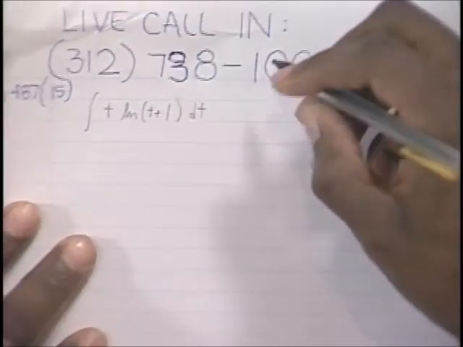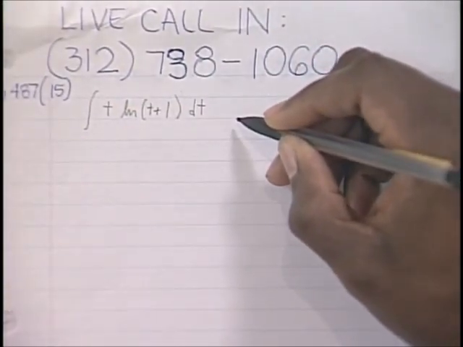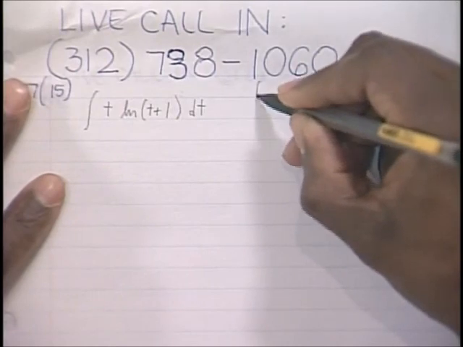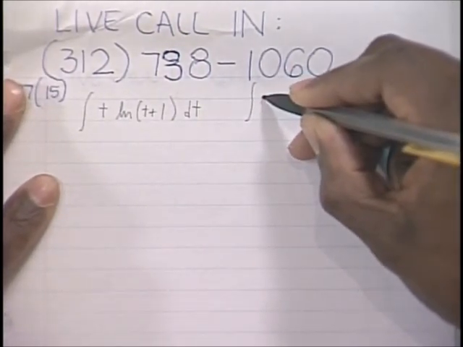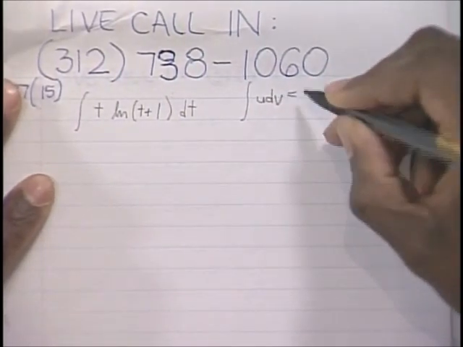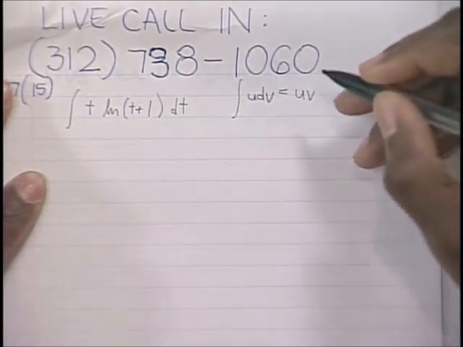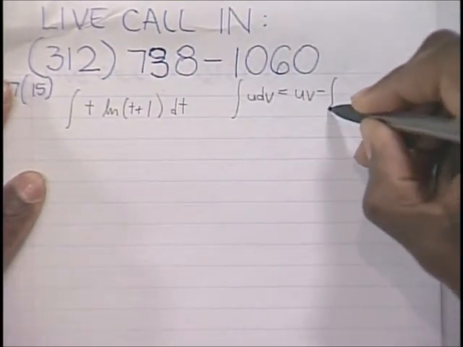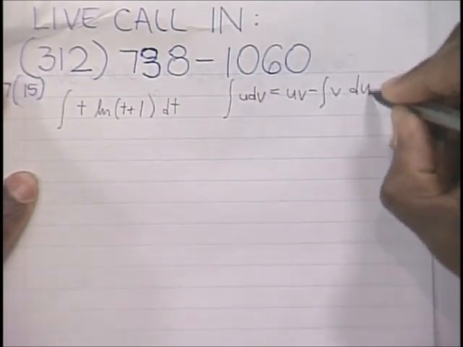Let's take a look. So again, what we told you is you're trying to match this up. You've got the antiderivative of u dv is equal to u times v minus the antiderivative of v du, all right?